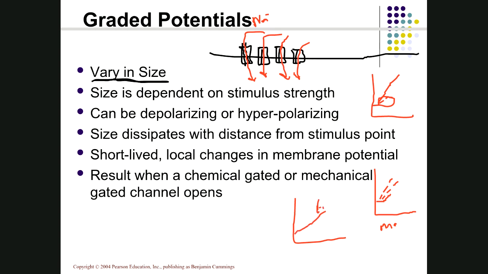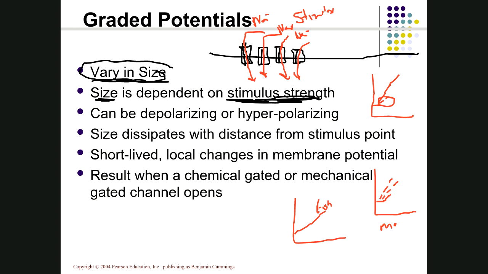So when I look at these different potentials, if I have a different size stimulus, I'm going to open more channels or fewer channels, and more sodium's going to come in or less sodium. So they vary in size. And the size is dependent on how big a stimulus it is, the stimulus strength.